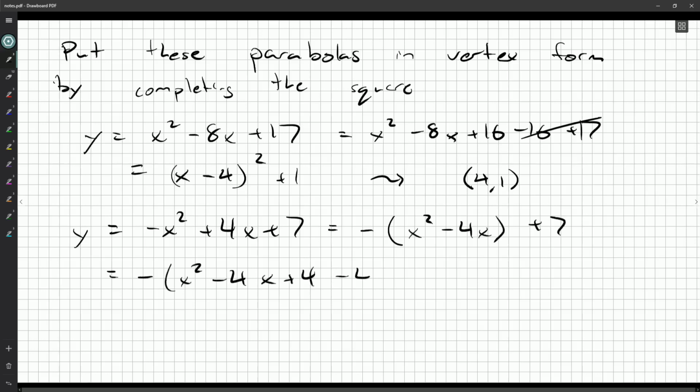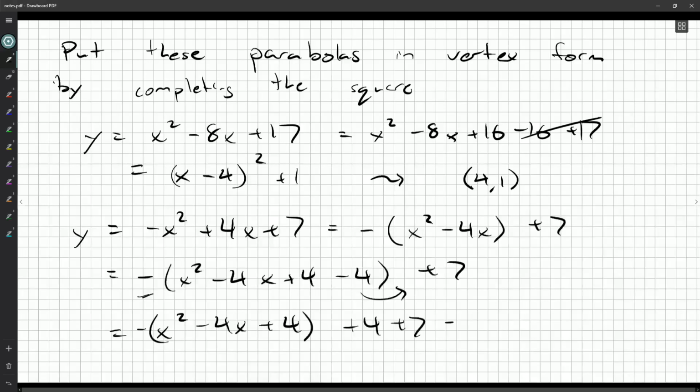So we add 4 and subtract 4. Bring the minus 4 out, but at the cost of a minus sign. So we get minus x squared minus 4x plus 4 inside, and then plus 4 plus 7. So this will be minus x minus 2 squared plus 11. So 2, 11 is our other vertex.